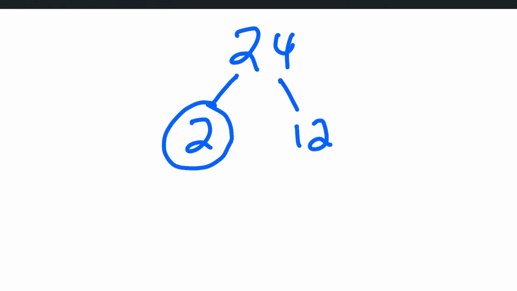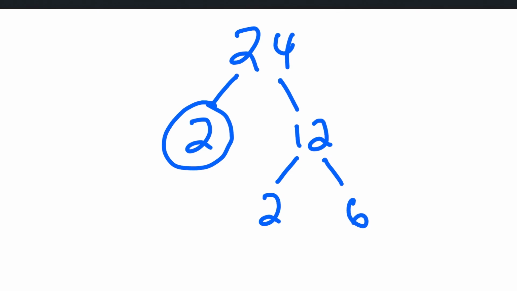So, if we thought about the number 24, we could make a factor tree out of that. The factor tree would be 24, and then 2 times 12. 2 is a prime number, so I circle it because that's the end of that branch on that factor tree. And then 12. I look at 12, and 2 goes into 12, so 2 times 6.